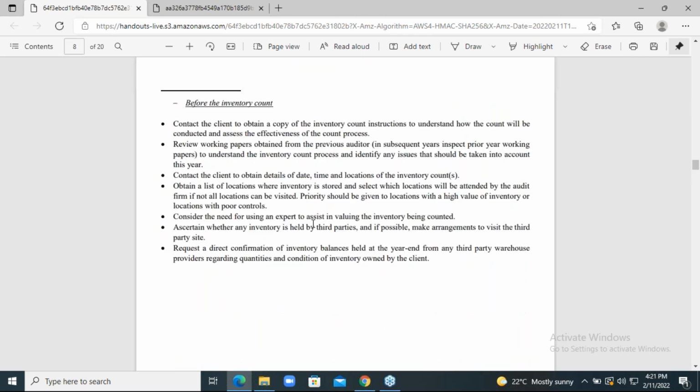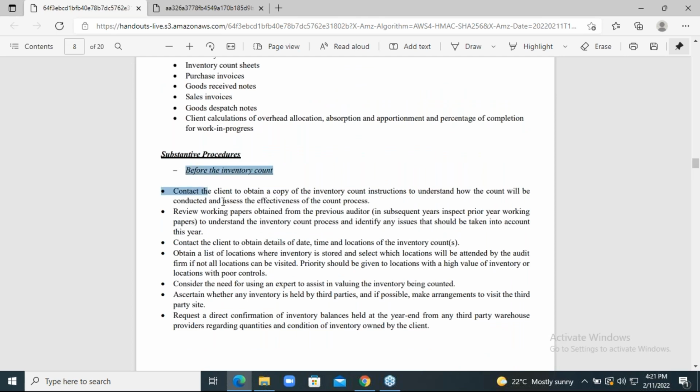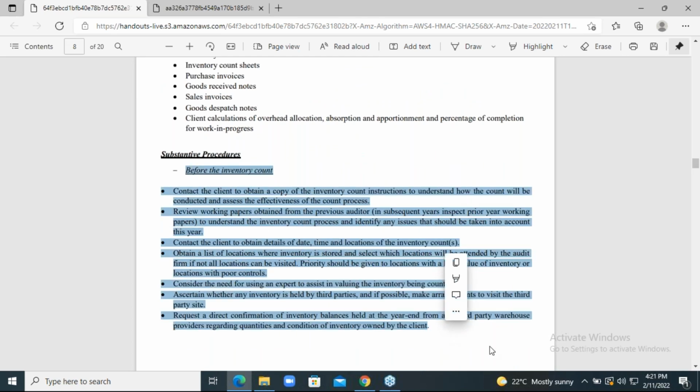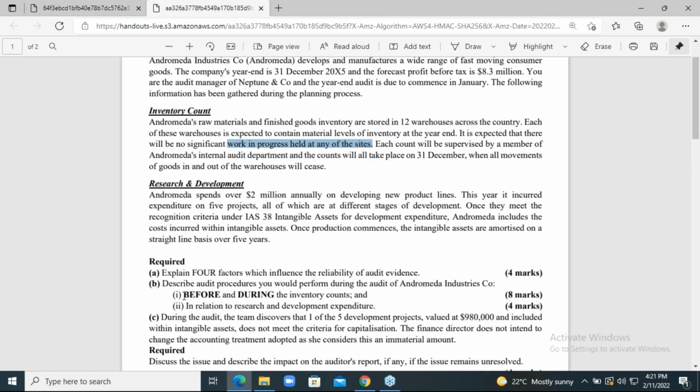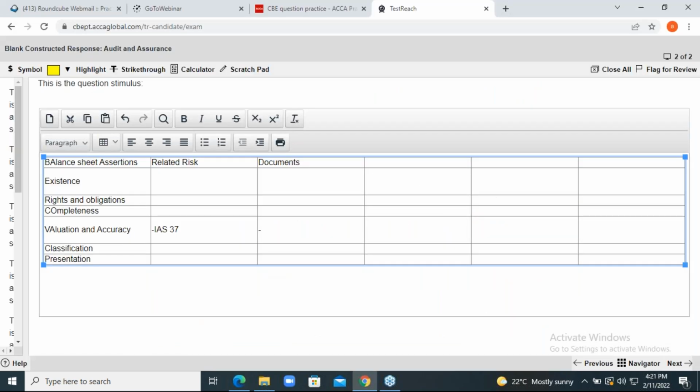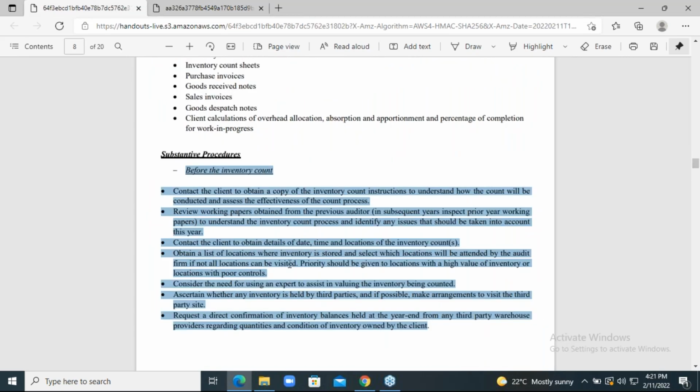Now, these are the procedures that are before the inventory count. The examiner has asked you to write the procedures for before the inventory count for 4 marks. Contact the client to obtain details of date, time and locations of the inventory counts.